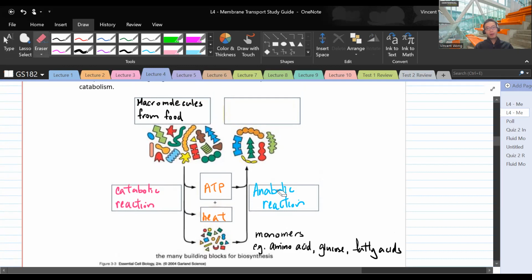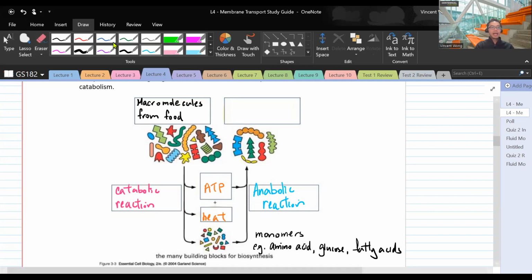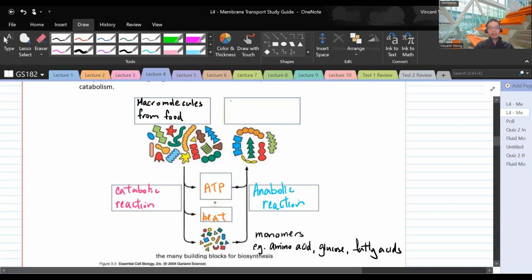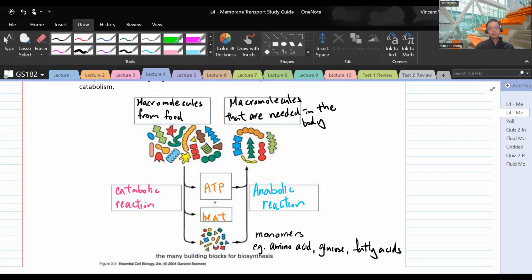So that requires ATP, that requires energy. When you build things, it requires energy. And at the end of it, you end up getting macromolecules that are needed in the body. Okay.